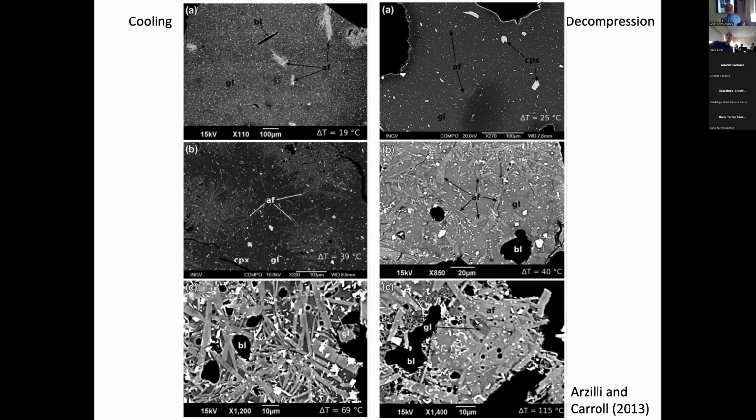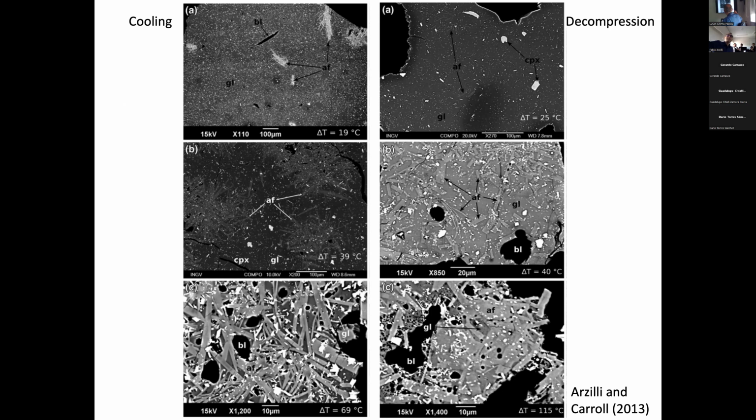The same you can observe keeping the temperature constant and decompressing the system. In this case, at undercooling 25, I have a couple of alkali feldspar, some pyroxene, and a lot of tiny oxides.